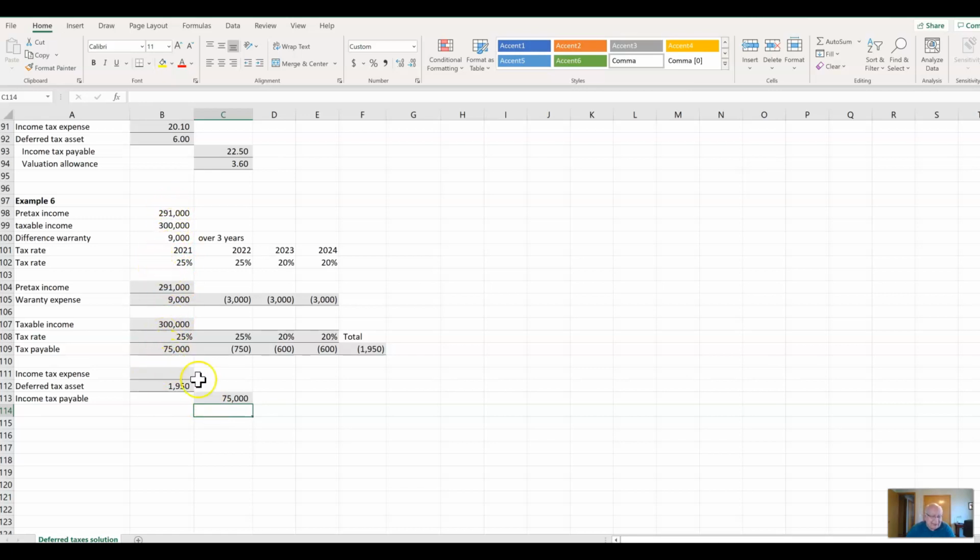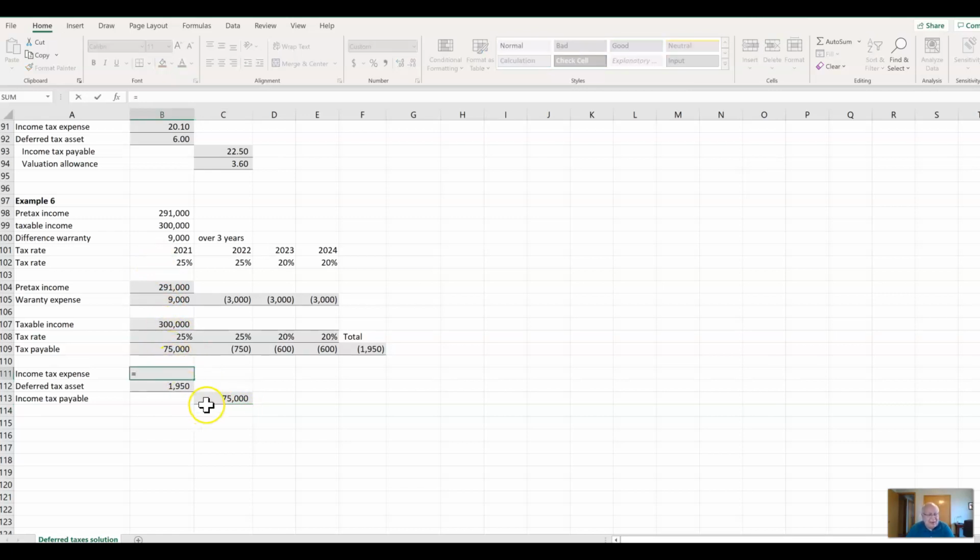I want the taxable income. See, you have to watch yourself. So it's the 75,000 there. And then the 75,000 minus the 1950, and that's your income tax expense, $73,050. Okay. I'm going to leave that mistake in there because I can show you it's real easy to grab the wrong one. Make sure you grab the taxable income to get the tax payable and not the pre-tax income.